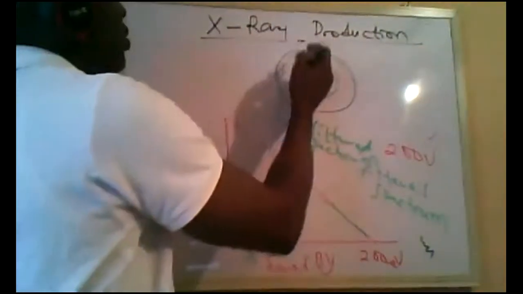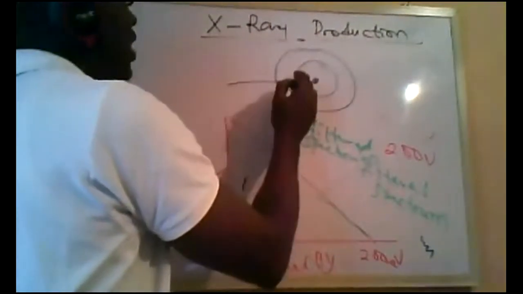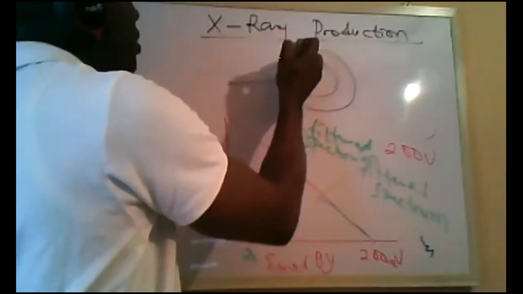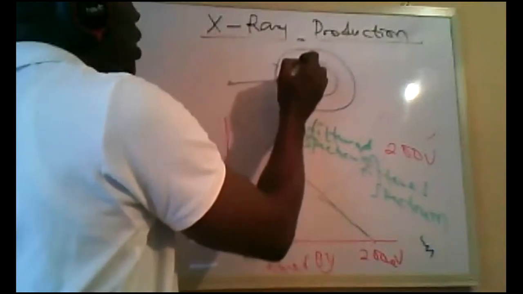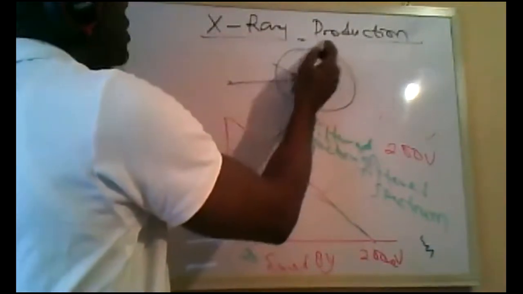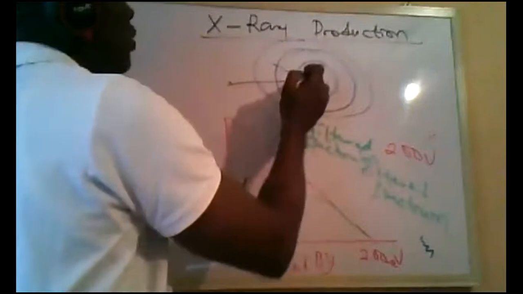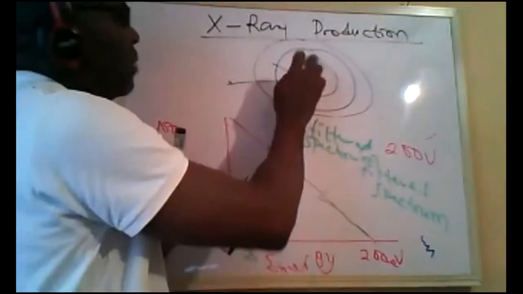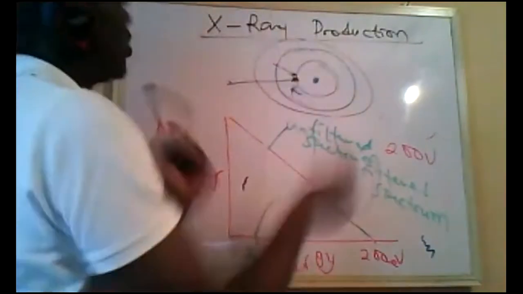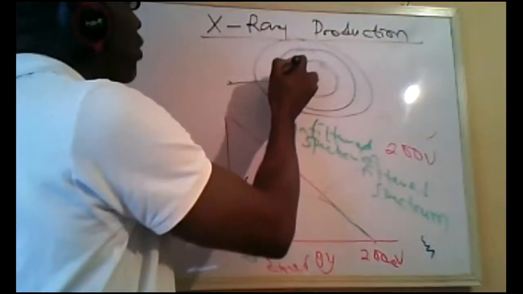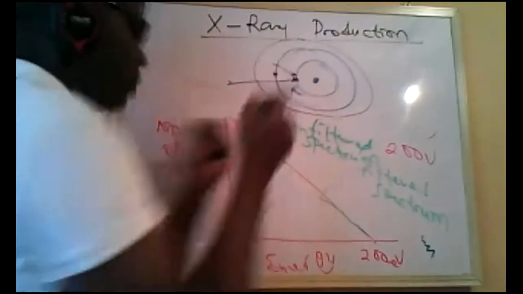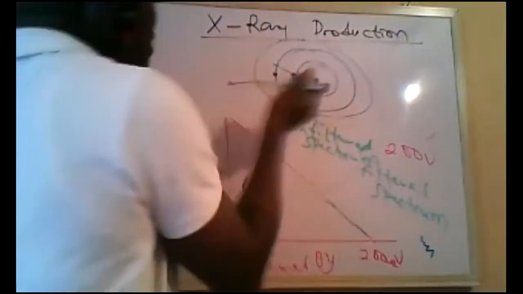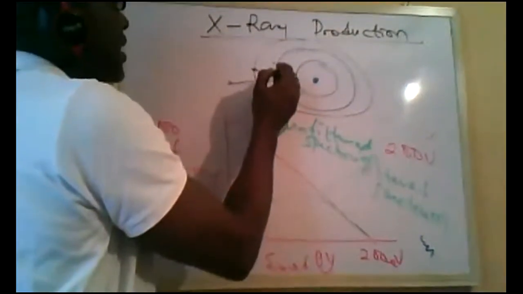When you detach electrons from this K shell, electrons from the subsequent adjacent shell will come down and take the place of the ones that have been ejected. So the major concern is the K shell, because some electrons will be detached from the others too, but the energy is so small.